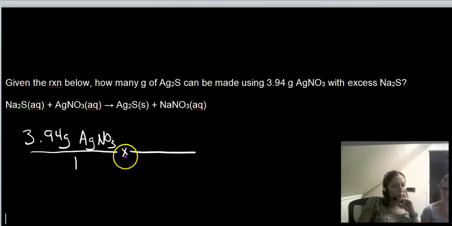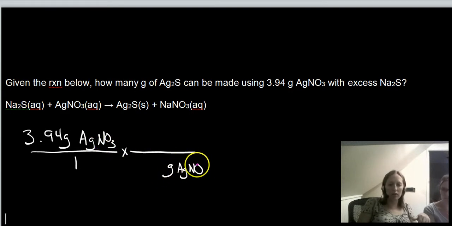You always multiply by some equality, so you go ahead and go times a line. And then you always bring down your unit. This is before you even ask yourself, what am I doing? Now you ask yourself, what am I doing? You're trying to get from grams of this to grams of this. In order to do that, what are you going to need to do?